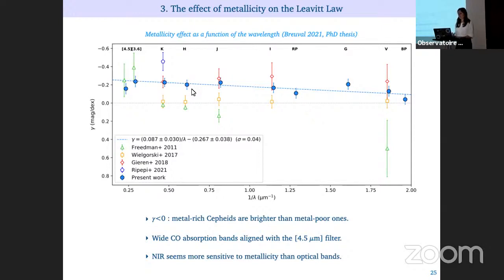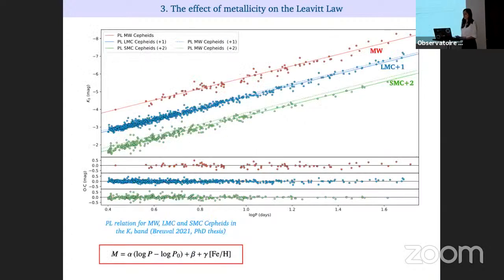I have thought about explanations recently for this trend. For example, I think we can imagine that when you change the metallicity, the PL relation not only moves on the magnitude axis, but there is also a change of period, so it also moves on the horizontal axis.